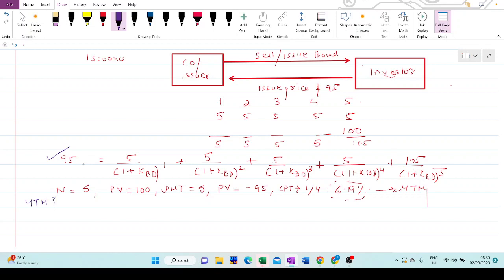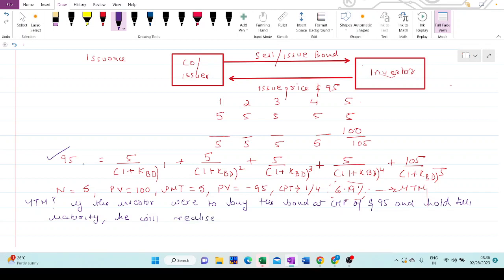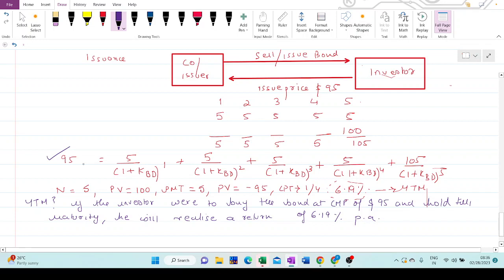YTM intuition is, if the investor were to buy the bond at the current market price of $95 and hold it till maturity, he will realize a return of 6.19% per annum. Right. So this 6.19 is nothing but the YTM of the bond.